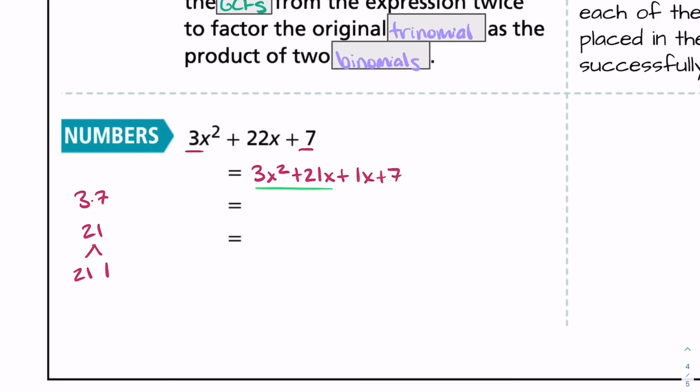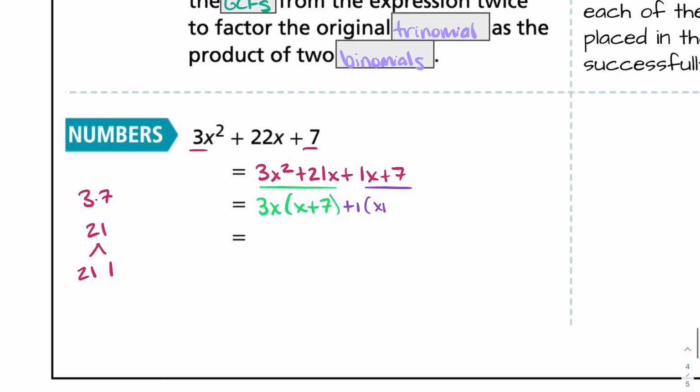We factor this into 3x times x plus 7, and then we factor out a 1 and x plus 7. And then finally, we factor out the greatest common factor one more time, which is the x plus 7, which leaves us with 3x plus 1. All right, and that's our final answer for that.